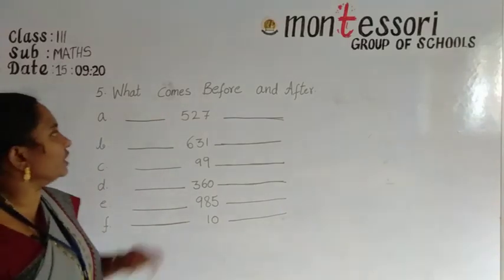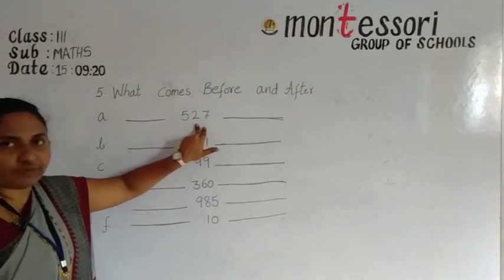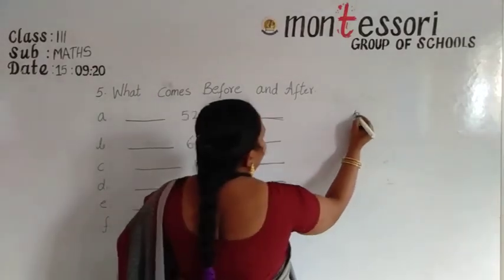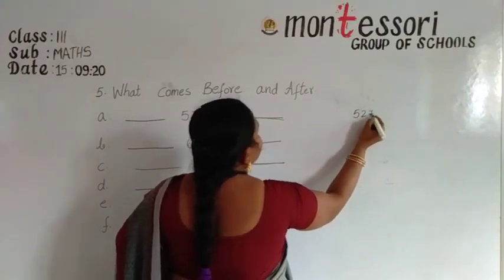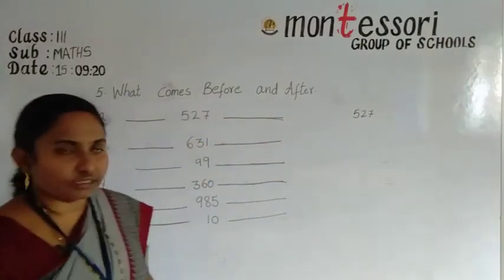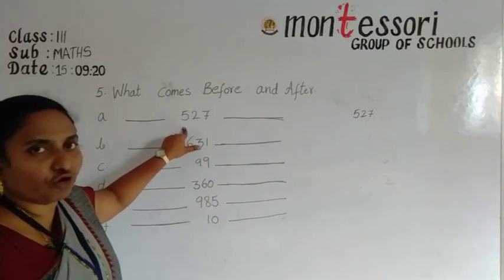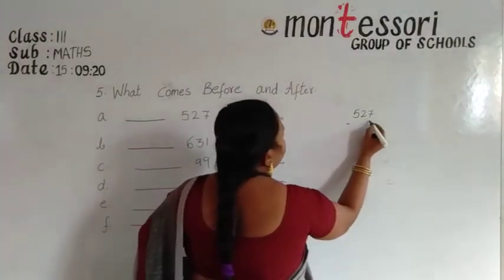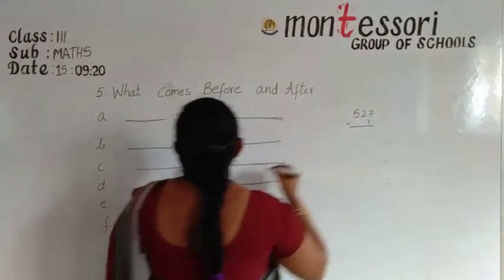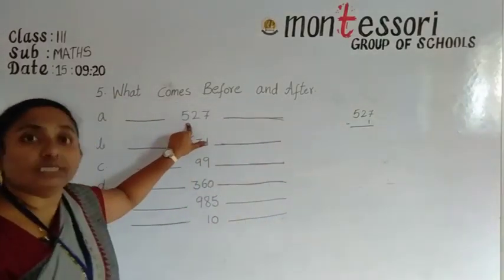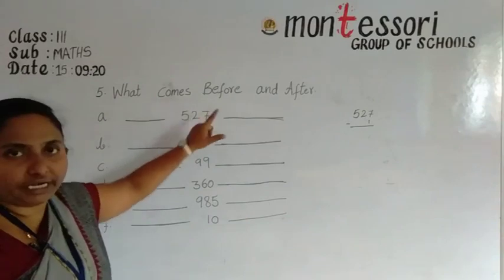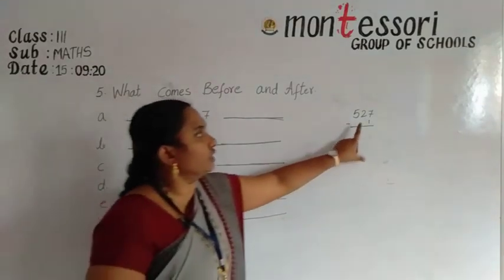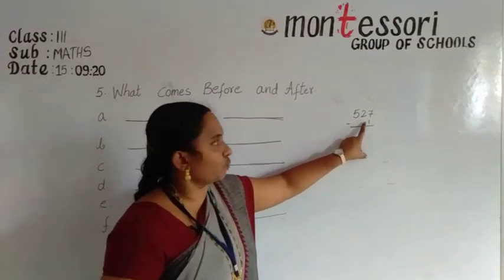In the first bit, 527. The number that comes before 527, we can do minus 1, because that gives the number just before. So we do subtraction with minus 1.